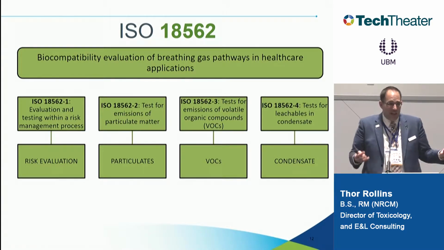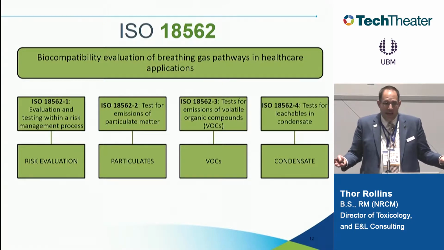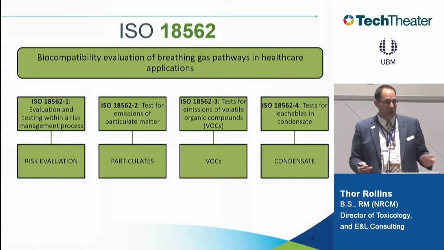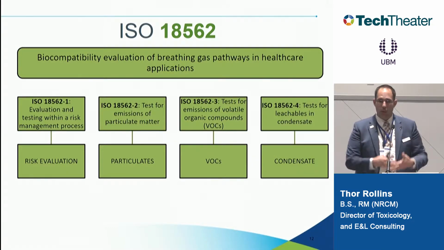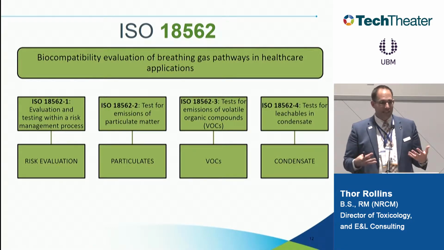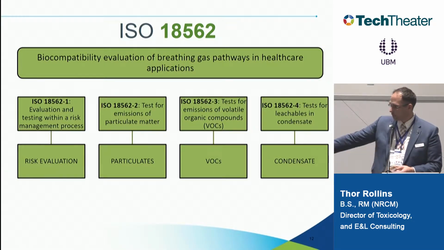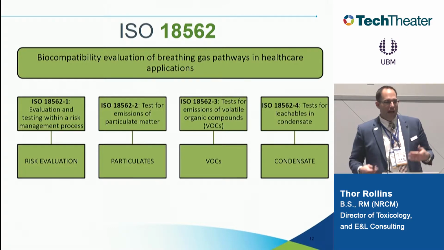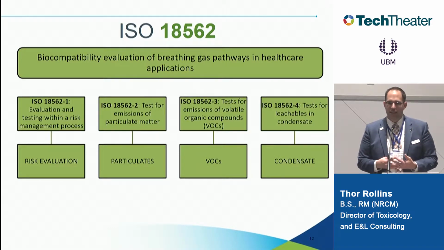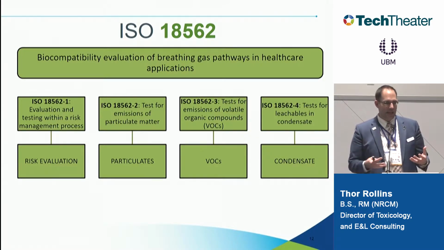Remember, gas acts just like a liquid carrier. Just like a device that might sit in the blood can extract chemicals off to go IV, gases can extract chemicals off of plastics and deliver them to the lungs just the same way. So that's what we're evaluating. Part 4 has to do with the possibility of condensate in that gas path.